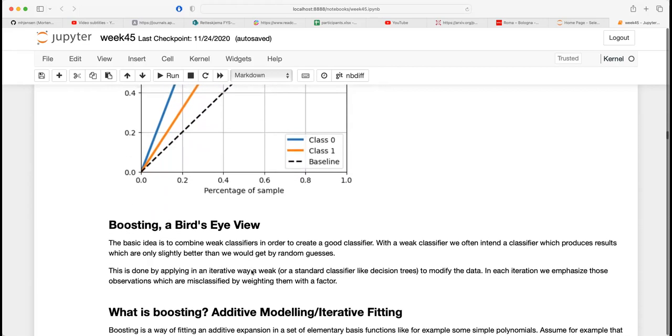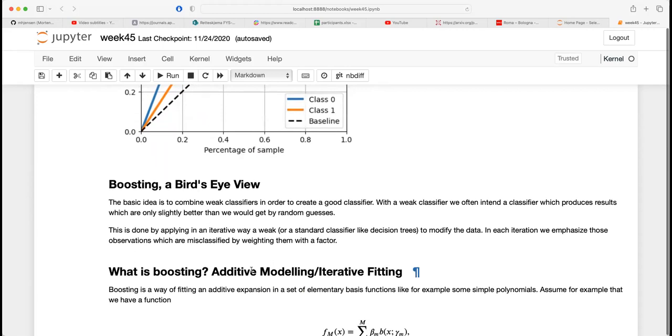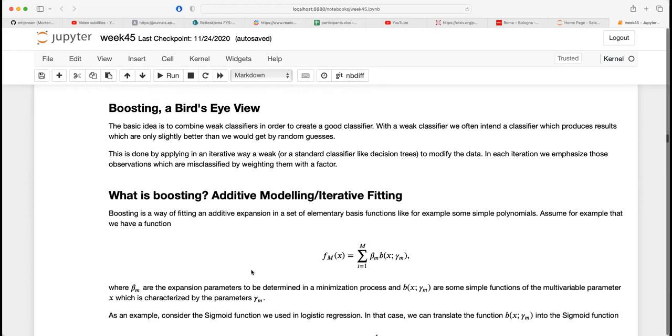But what I want to do now is first to quickly remind you of what we did at the end of last week, and then we go into the details of a classification problem. The first thing we did last week was to give a bird's eye view of boosting. The idea is to combine weak classifiers in order to create a good classifier.